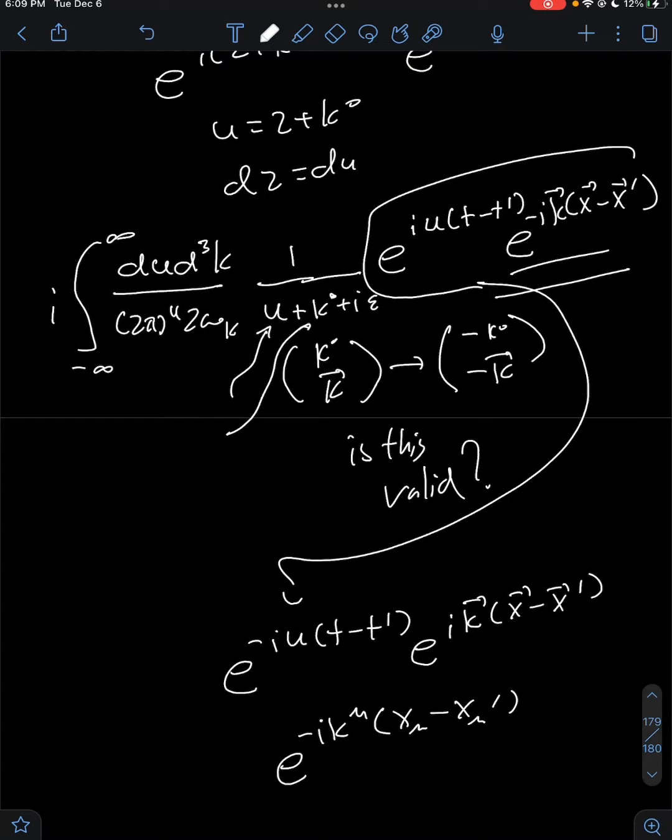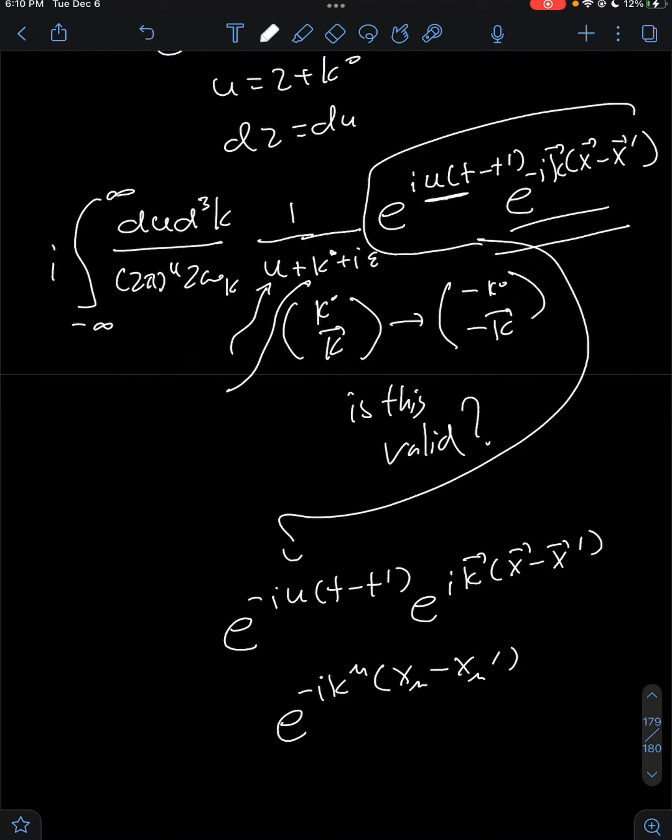But we're still changing this u over here to be a positive number, because at first it was a negative number, and we're letting u assume the role of k naught. So that's how we can get away with changing this one and this one at the same time.